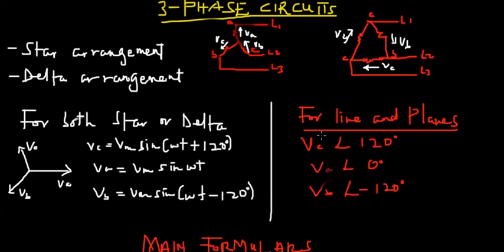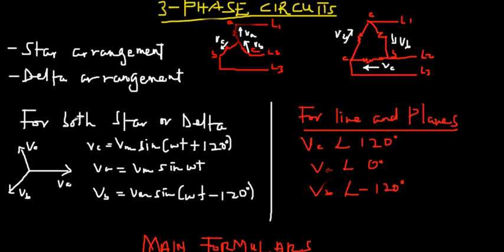Whenever we talk about lines and planes, or whenever it's represented in complex number form, that's polar form, we have the magnitude and the angle. For VC it's positive 120, VA as over here had no angle, so 0, and then we have VB at negative 120.